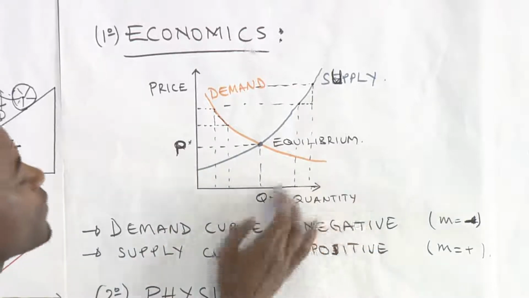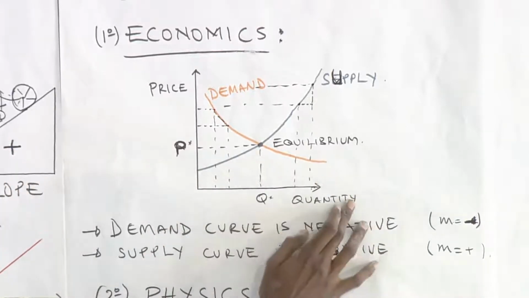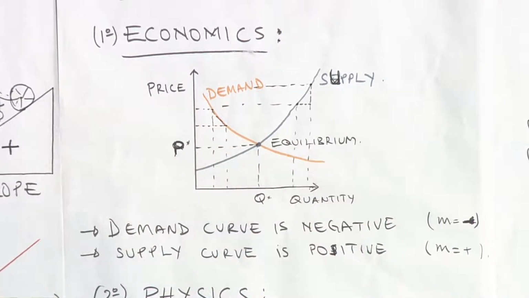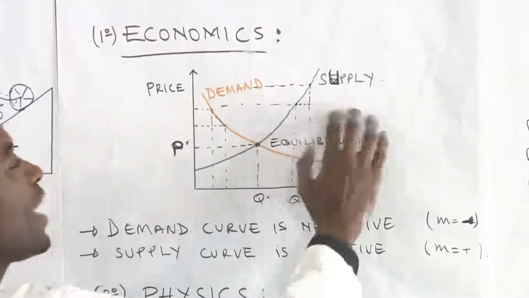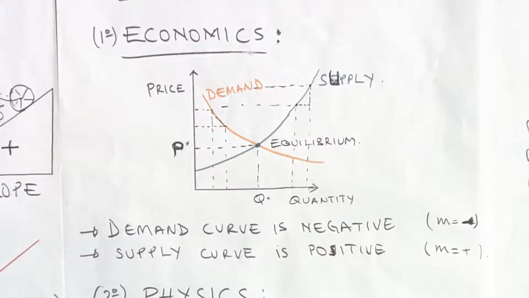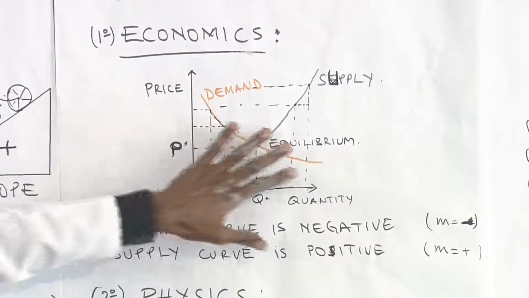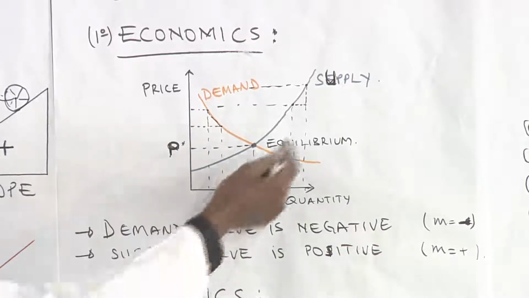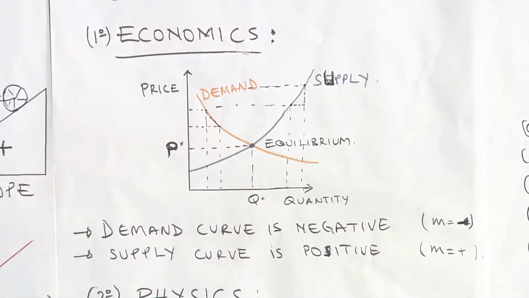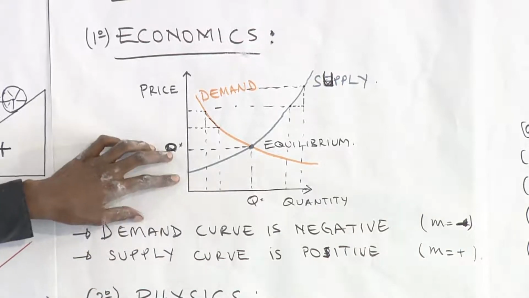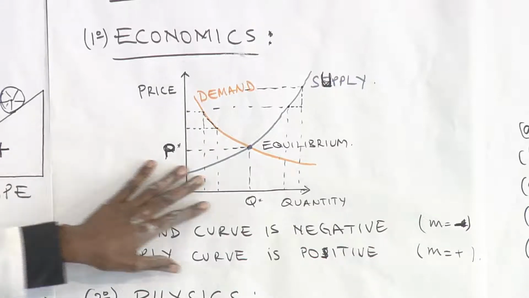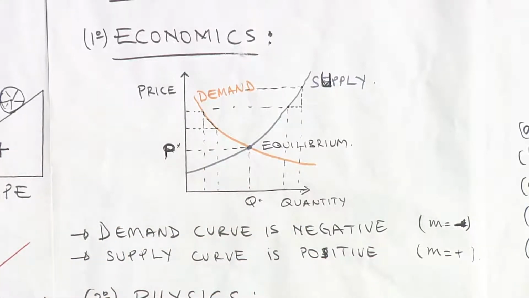When the quantity of the things needed by people is increasing, you have to make sure that also the suppliers produce a big quantity of the things people want. And this gives us what you call the equilibrium of these two graphs. It gives us the price. You can learn this in economics, especially in the university classes.